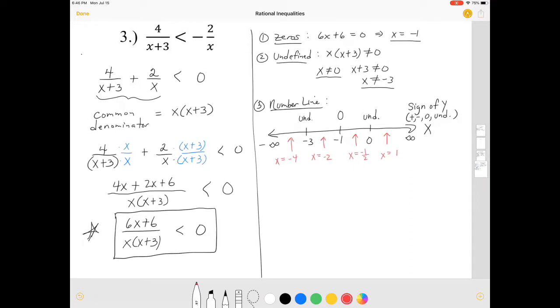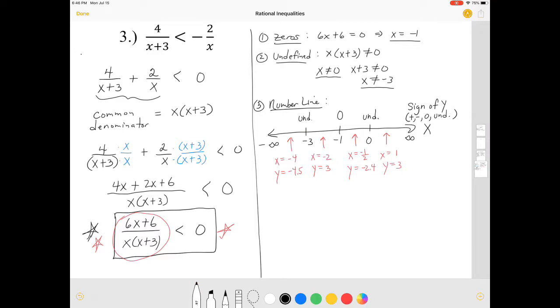And we get the y value for x equals -4 is -4.5. For x equals -2, we get y equals +3. Here we get y equals -2.4. And for x equals 1, we get y equals 3. And again, I'm getting those values by plugging the x values into the equation that's in the box, on the left side, right here.